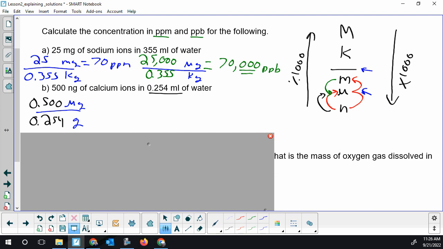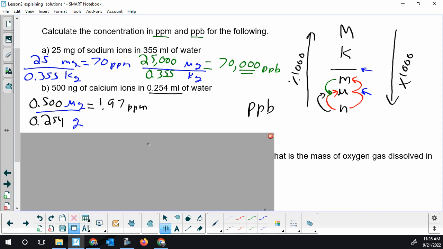Most of you probably didn't pick this unit. Most probably went to milligrams per kilogram, possibly. Maybe you didn't use these units. You can do this many ways, but the ratio should always work out to a little under 2, 1.97 parts per million. So if you did different units, you know you're good if you got around 2.